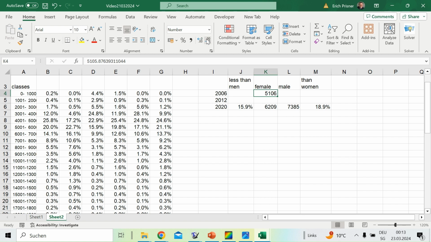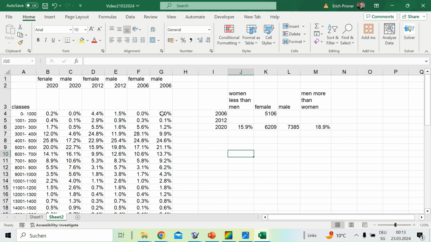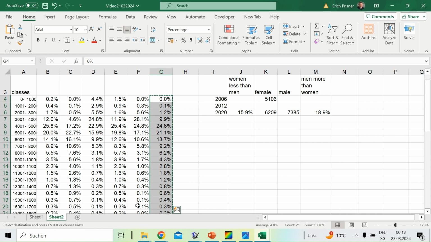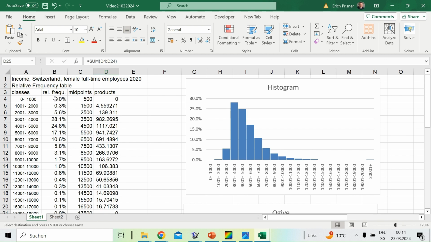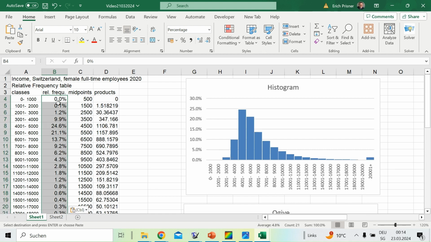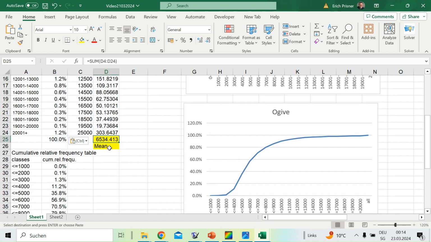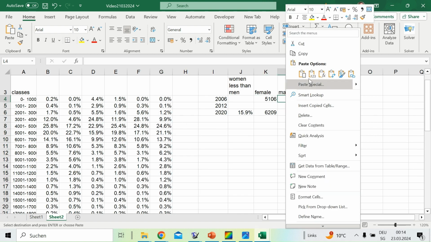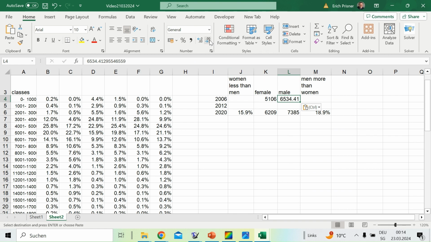Again, I want to see fewer decimals here. And then the males 2006. So I'm going here, grabbing it, copy, and sheet 1. I paste it in. What do we have? 6,534. Copy, sheet 2, paste, delete decimals.